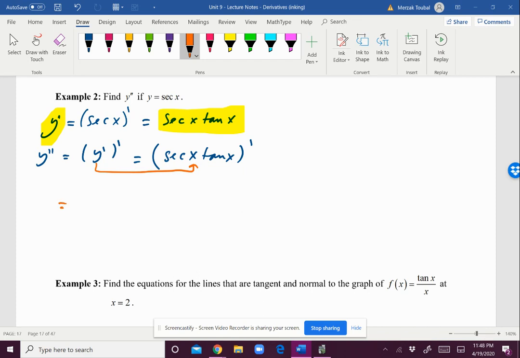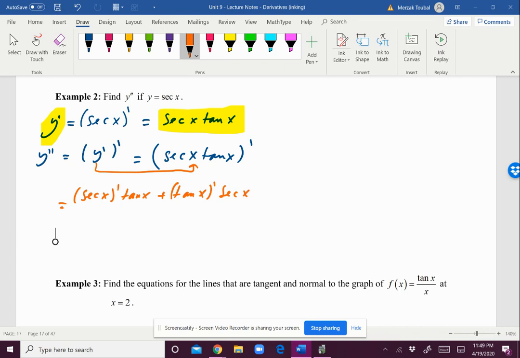Now derivative of secant tangent, we have to use the product rule. So derivative of secant times tangent plus derivative of tangent times secant.